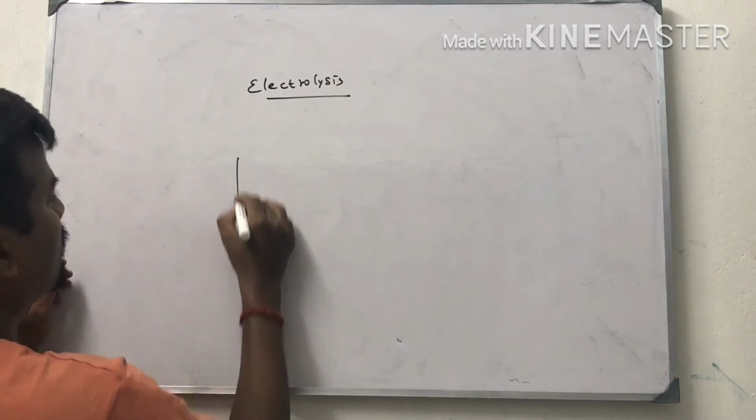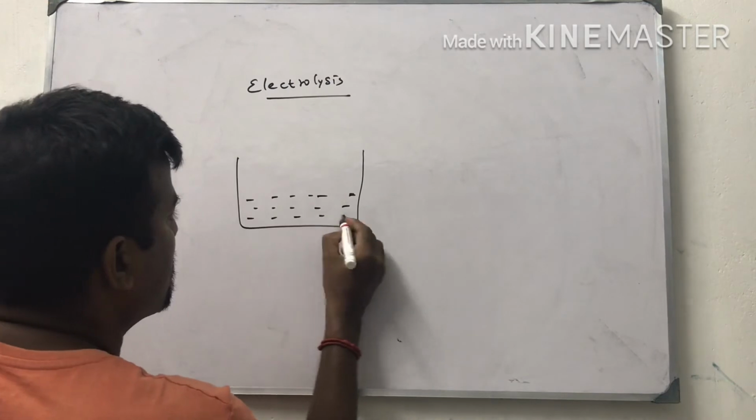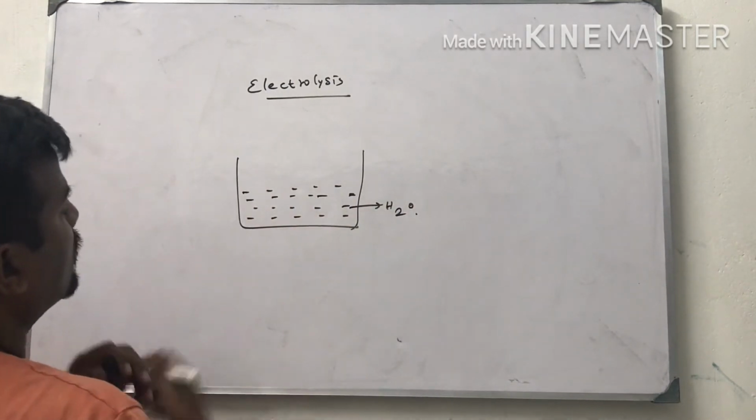Electrolysis of water. It's a beaker containing water molecules, 2H2O.